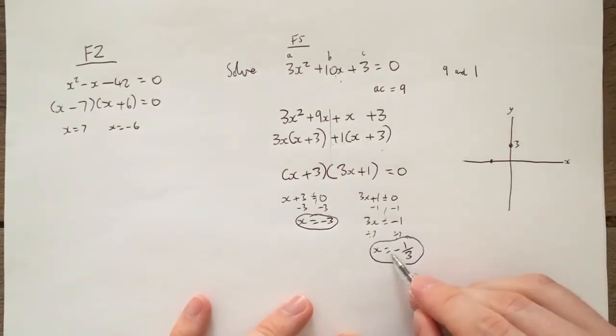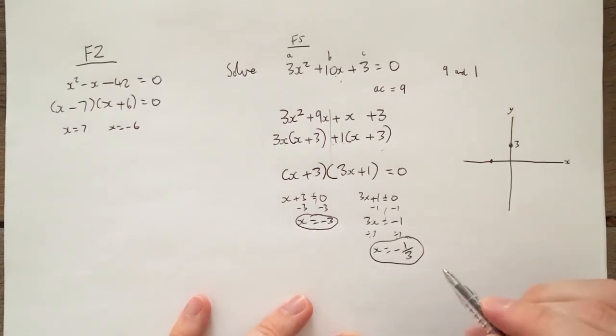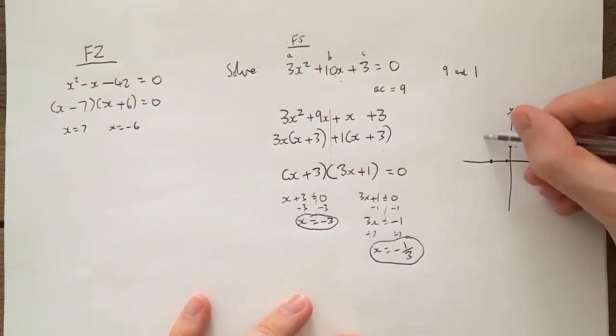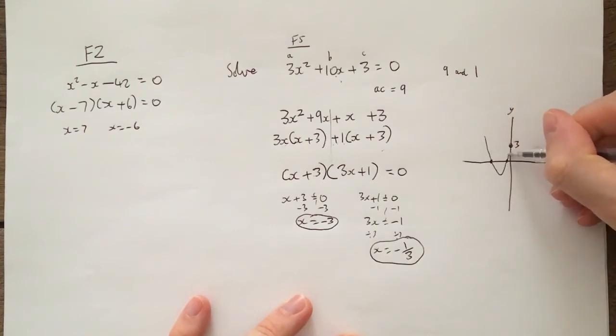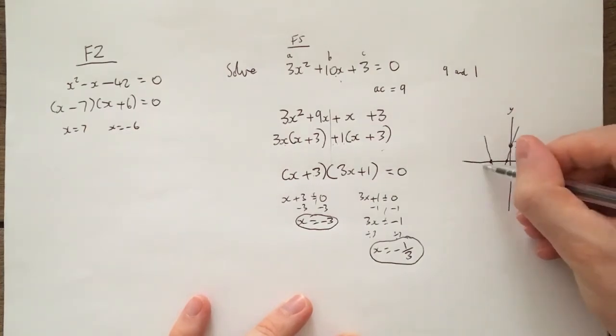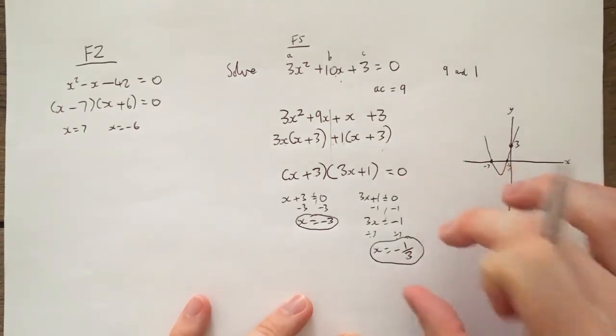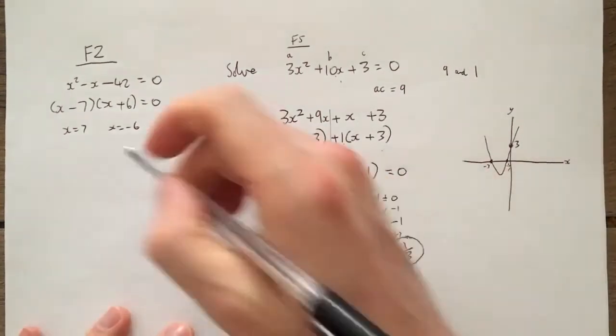And we know that x is negative 1/3. For those of you that need some context, that's negative 0.33. So if that's negative 1 there, we're looking around here. And therefore, I think it would look a little bit like that. Okay? So that's negative 3 and that's negative 1 over 3. So that's the first example of F5.